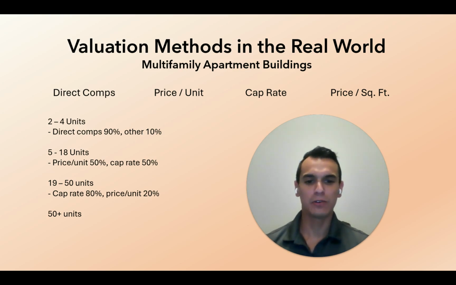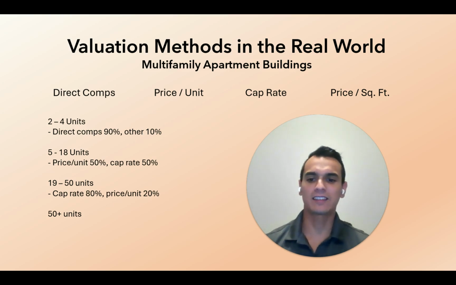Now, if you have a 200 unit property, if you have a vacancy or some other things happen in the property, it's unlikely to affect the overall cap rate and NOI of the investment. And so you get a lot more stability, and then therefore you can put a lot more weight on the numbers as they relate to cap rate. So you'll notice that as you do go up in unit counts, the cap rate does get more weighted.